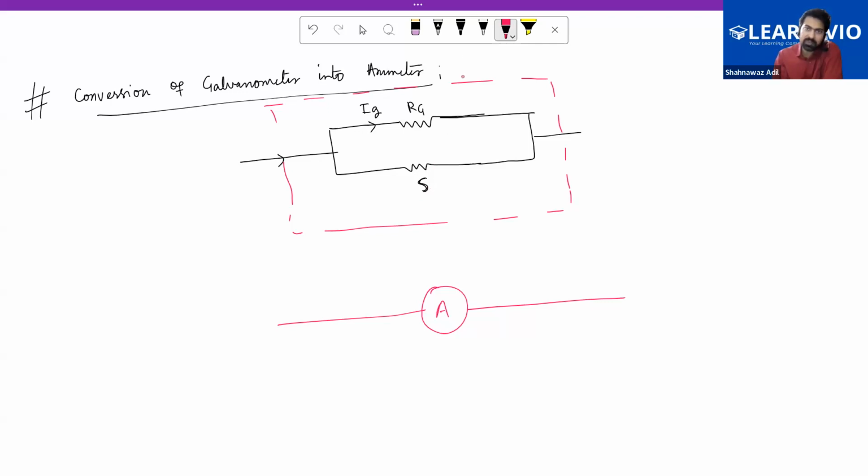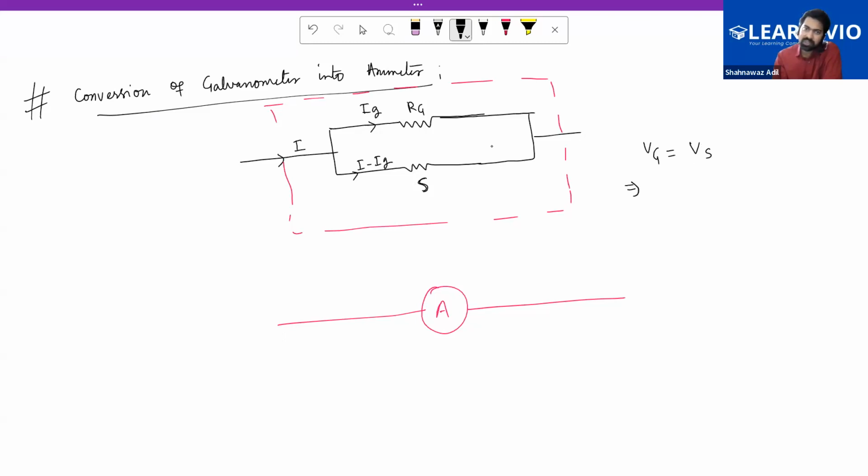You know that from the junction, let's say current I is passing. This is Ig, so this would be I minus Ig. We know that these two are parallel, so the voltage in the galvanometer equals the voltage in the shunt.